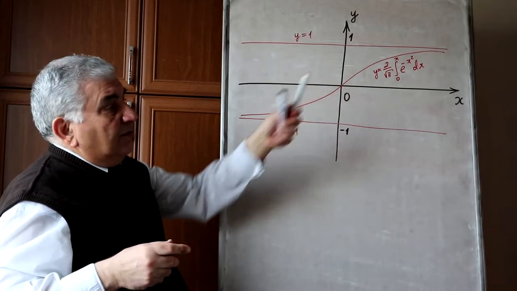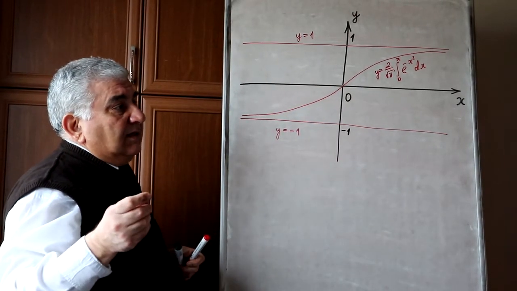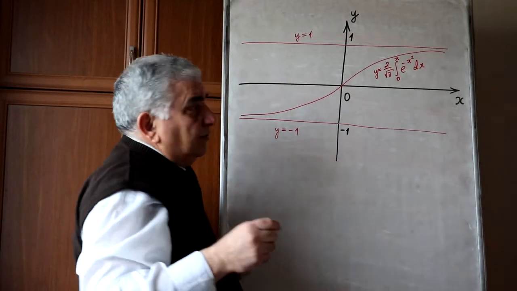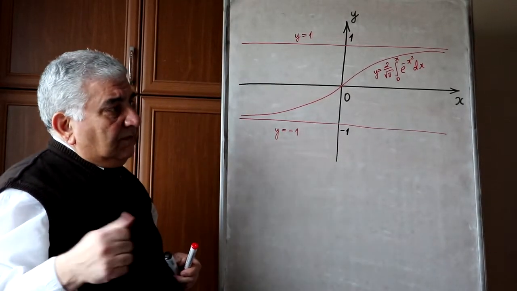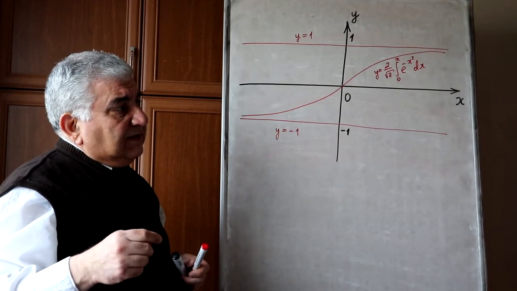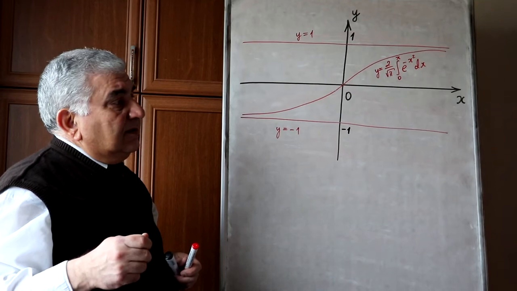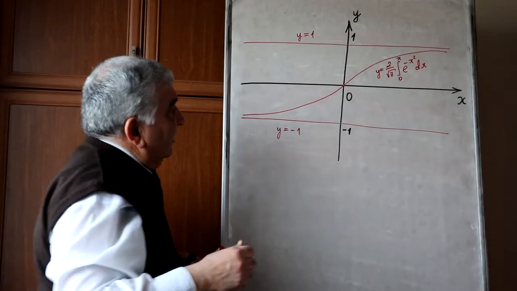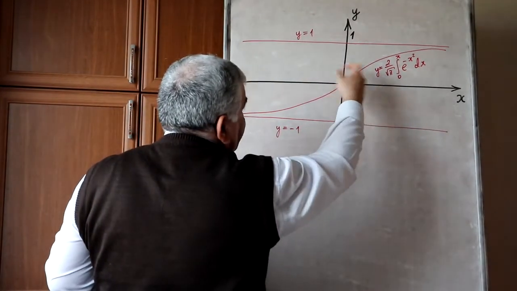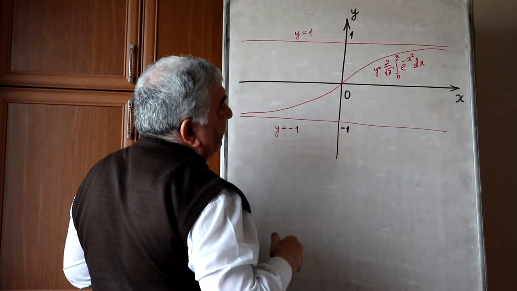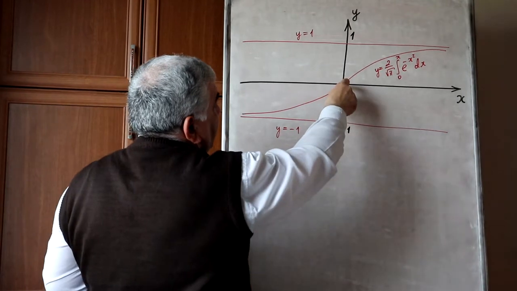Then according to the second property, this function is an odd function. Really, the branches of this graph are symmetric with respect to origin.